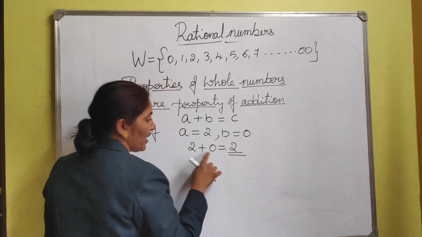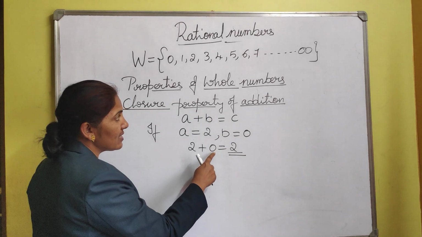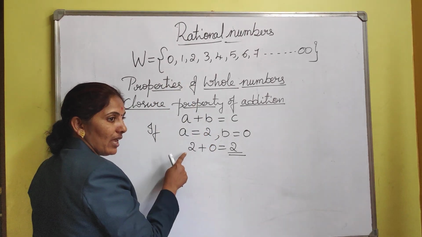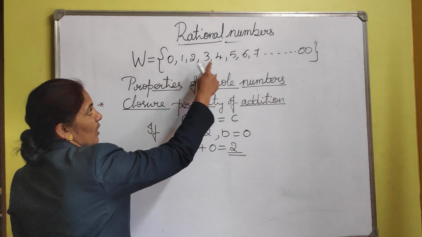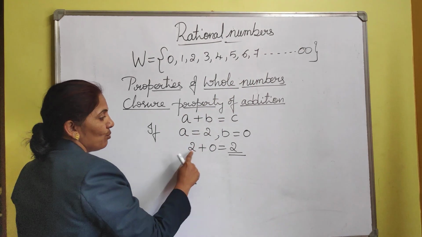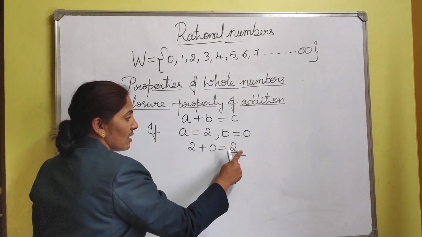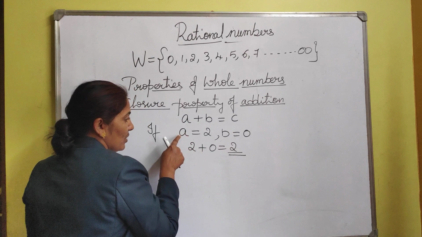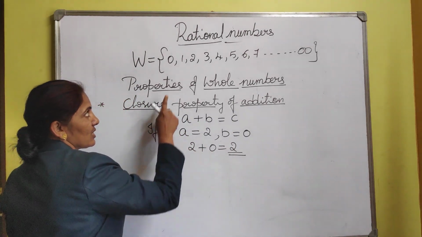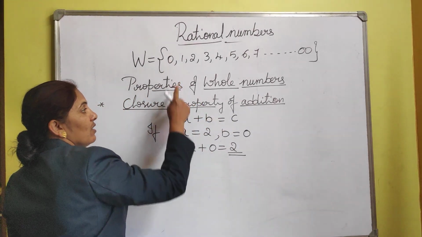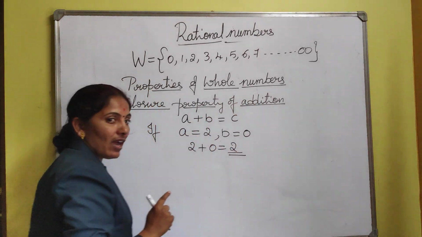So what do we find again? When we add this whole number 0 to any number, that is 1, 2, 3 or any integer, we get the same number, that is the number itself. So we can say that yes, 0 satisfies and 0 is a whole number under the closure property of addition.